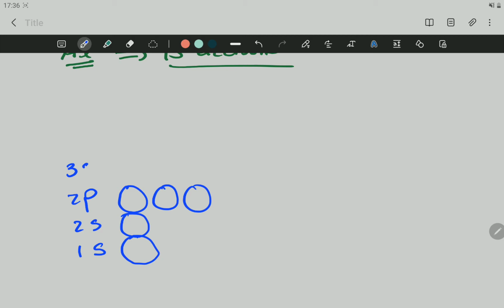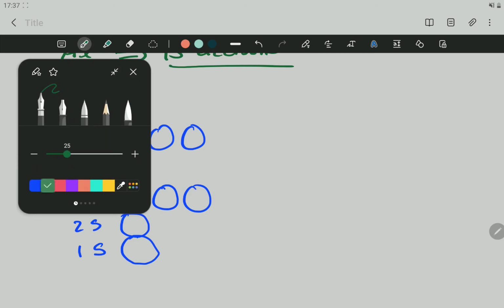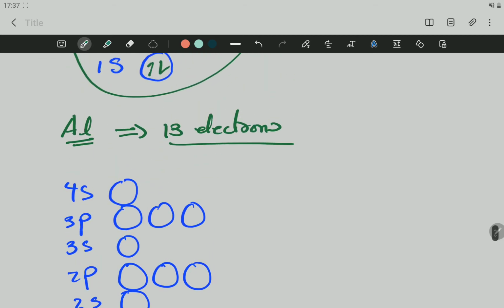So 1s is one circle, 2s is another circle, 2p is 3 circles, 3s is one circle, 3p is 3 circles, and 4s is 1. We have to draw up to 13 electrons.